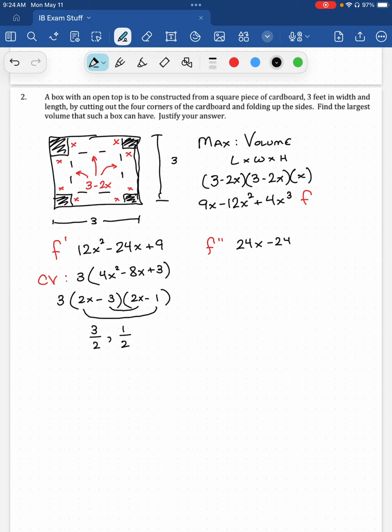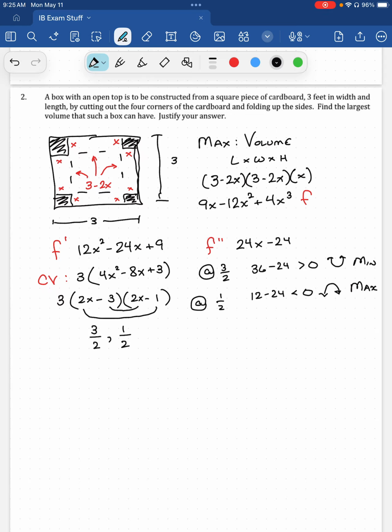So if I plug in my individual values, if we plug in 3 halves first, 24 times 3 halves is 36 minus 24, which is greater than 0, which makes it concave up, which makes it a minimum. And if we do 1 half, half of 24 is 12 minus 24, which is less than 0, which makes it concave down. So 1 half is the maximum.